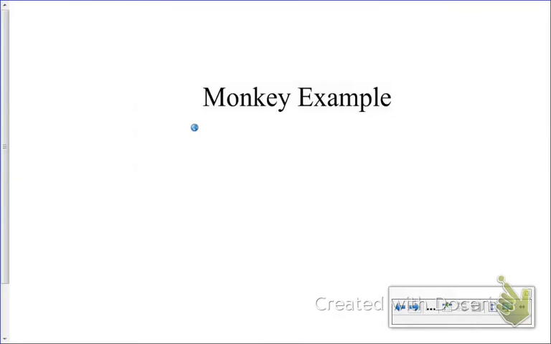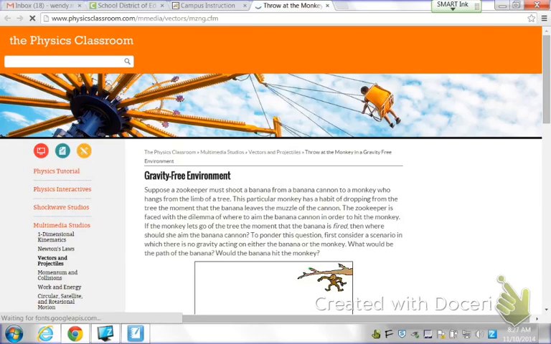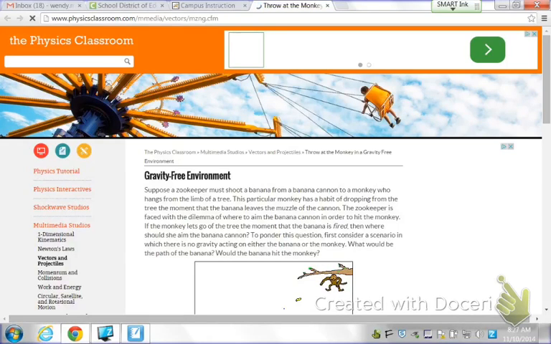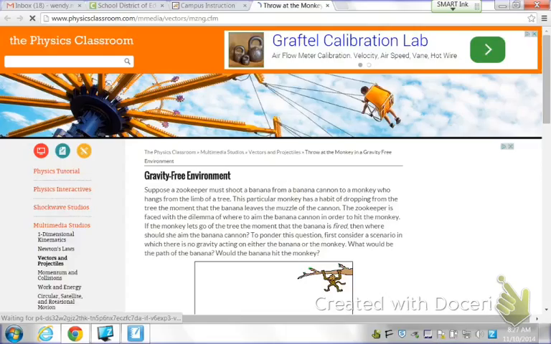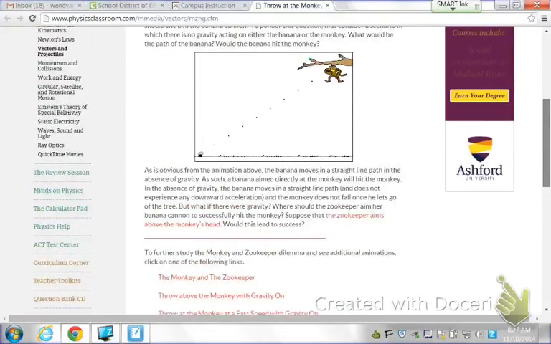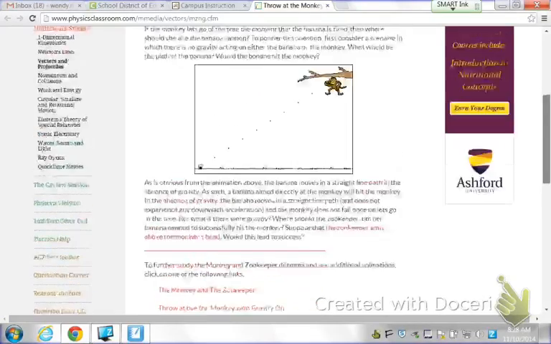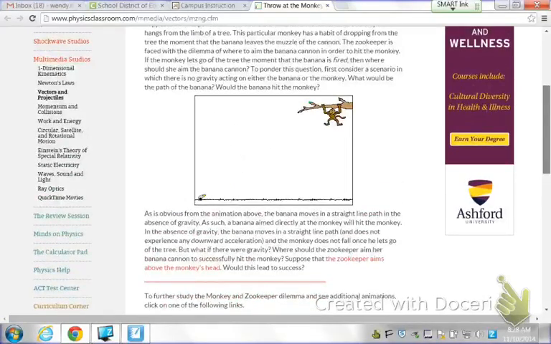I have an example. I'm not sure if this is going to work, but I'll try it. It's called the monkey example, because we'll see if it still works. What you can do with this is it'll show you exactly where the monkey is, trying to get the monkey to catch the banana, to eat the banana here.